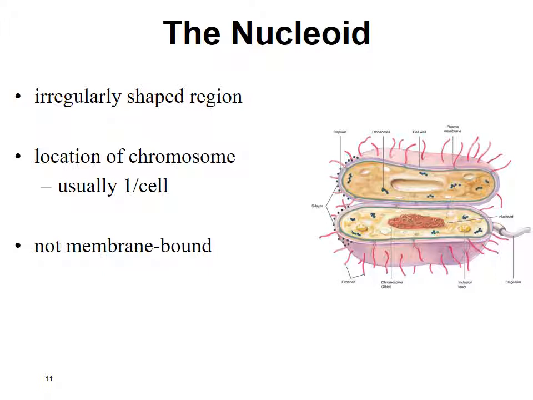Prokaryotic cells lack this, although there are some exceptions known where the bacterial chromosome is surrounded by a single or double membrane. Prokaryotes usually only have one single chromosome, but some do have a linear DNA chromosome rather than a circular chromosome, and some do have more than one chromosome.